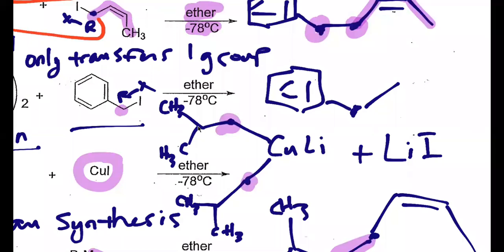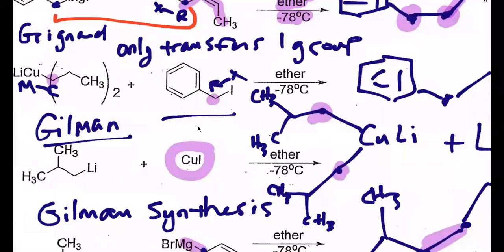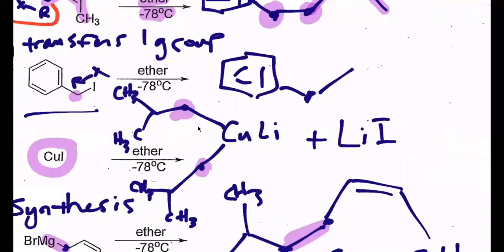Let me see how many carbons in that chain: 1, 2, 3 carbons. So that's for the C. Right, so this was R, this was C, and this was R, and this is the new bond between C and R.